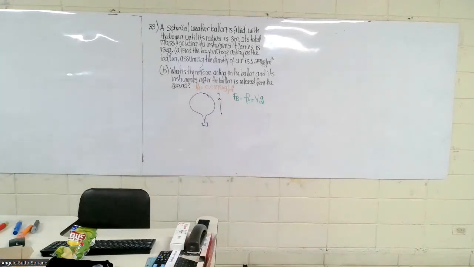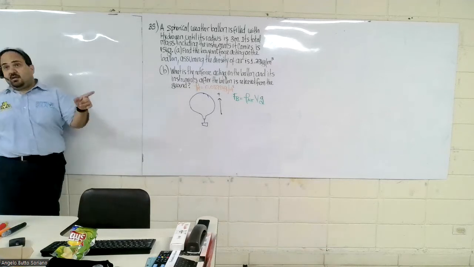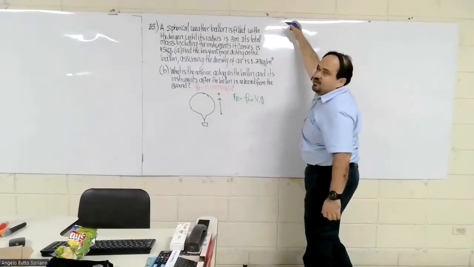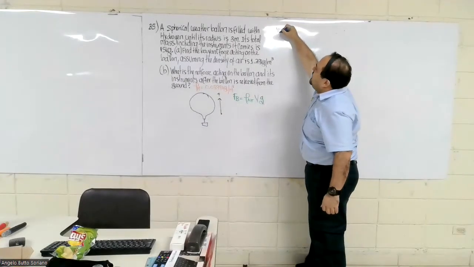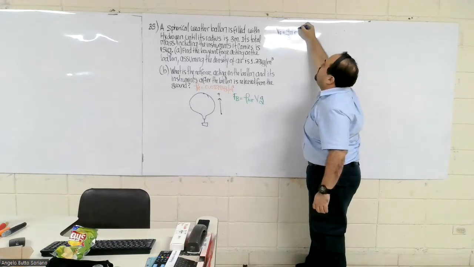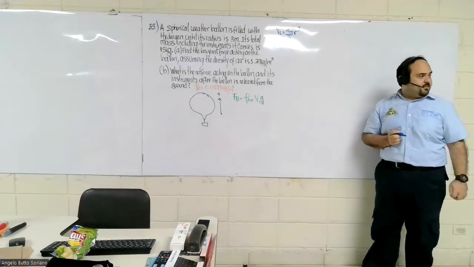But we have to find the volume. What is the shape of the spherical weather balloon? A sphere. So we must use the formula for the volume of the sphere, which is V equals 4/3 pi times the radius cubed.